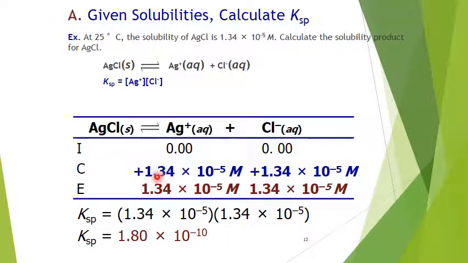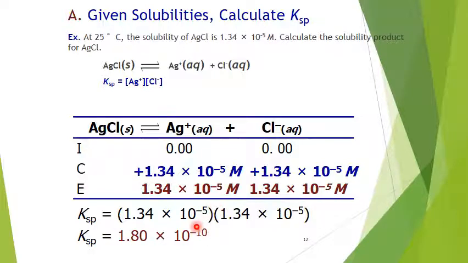At equilibrium we have this. Notice that we don't care about the amount of silver chloride because it's not used in the formula. Now you just do the silver times the chloride, and you get 1.8 times 10 to the minus 10th.